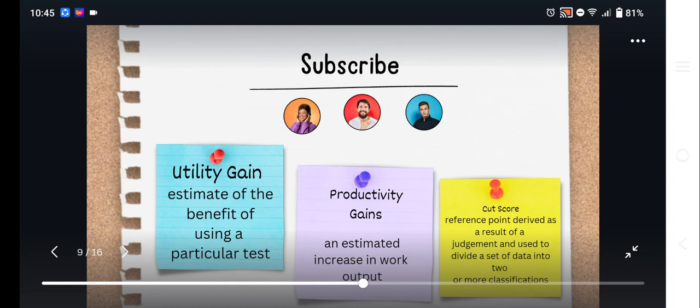Multi-stage or multiple hurdles: achievement of a particular cut score on one test is necessary in order to advance to the next stage of evaluation in the selection process. For instance, from GPA to administration test, going to administration interview, and so on. Okay?